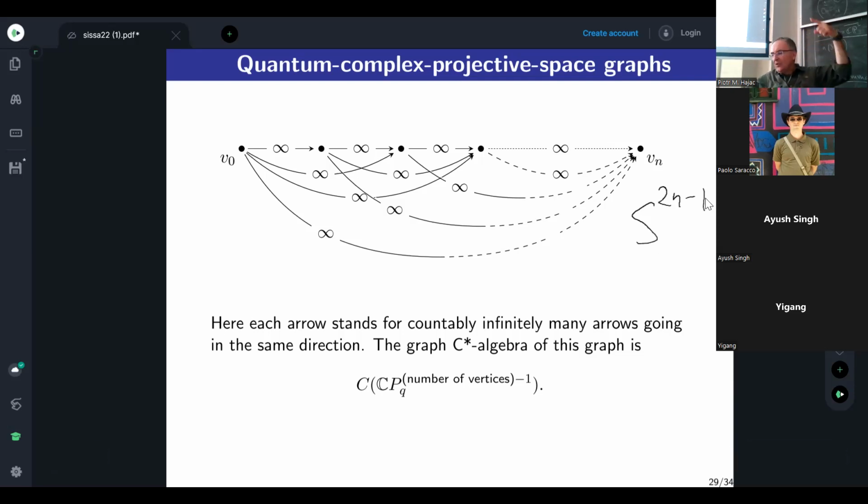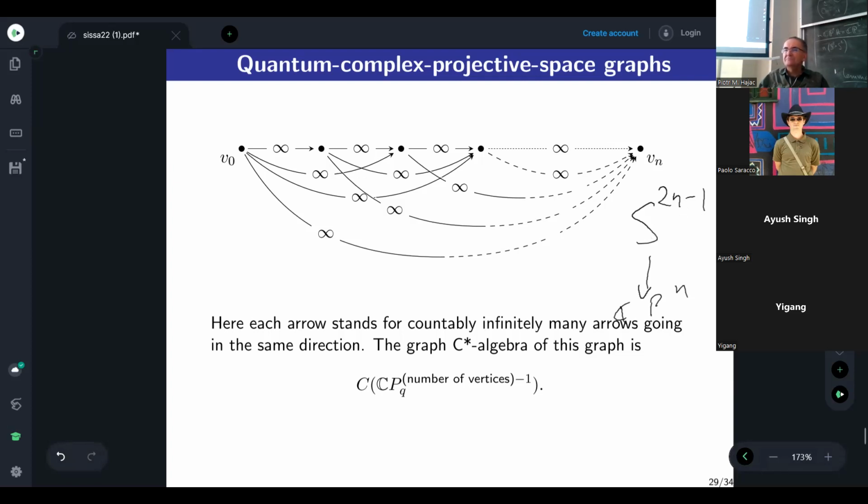You scale all the generators by the same phase, and then the sphere equation is preserved. So this is a well-defined action of a circle on S^(2n-1). You divide by this action, and by definition, this is CP^(n-1), viewed as a quotient space of S^(2n-1) by the circle action.